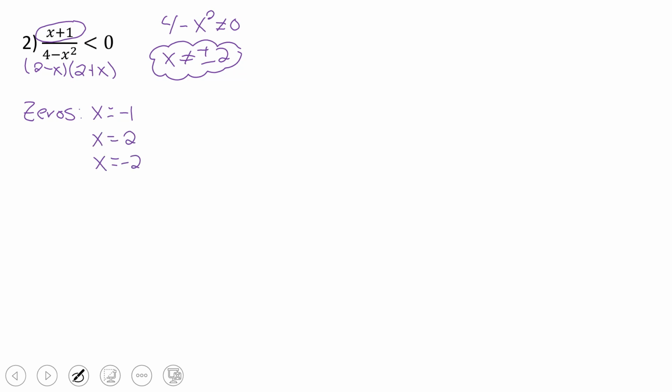So in this one, I have 3 boundary points that I'm going to put on my number line. Make sure you do number them least to greatest on your number line. So the first one would be negative 2, followed by negative 1, and then followed by 1. Now we're going to test each of these sections.